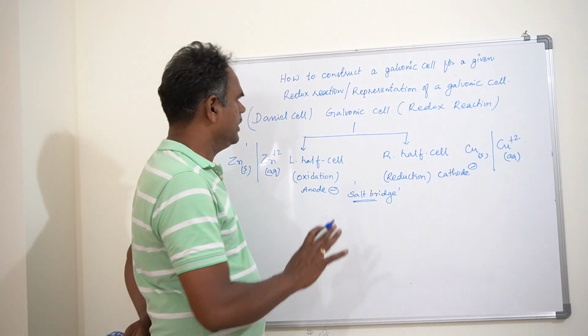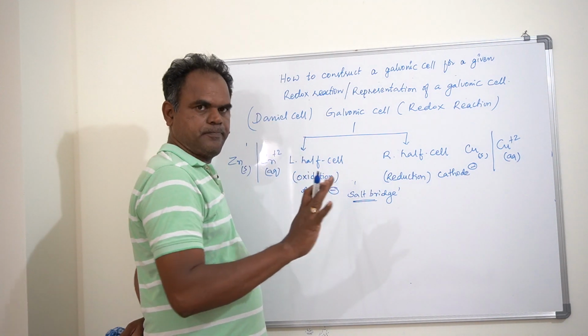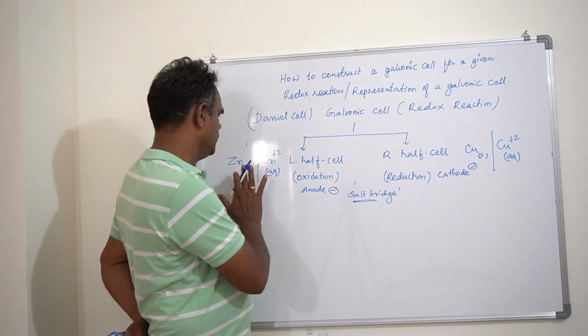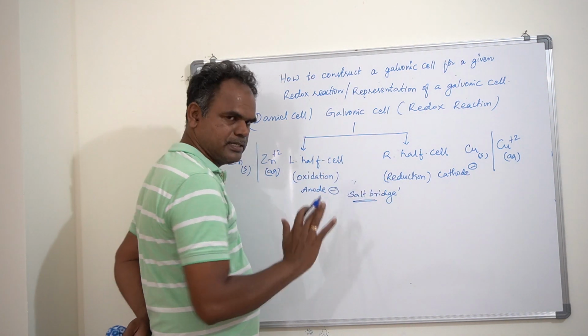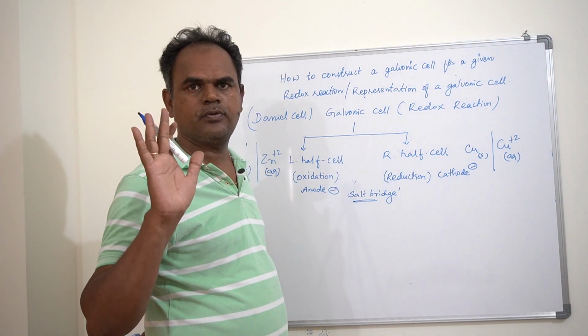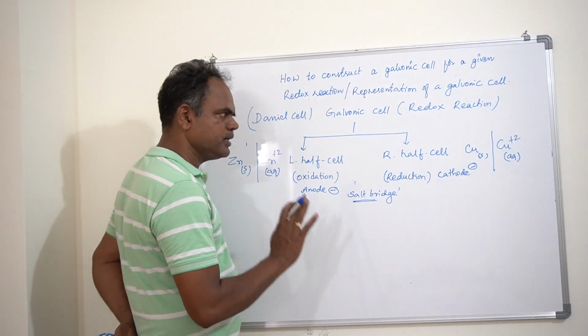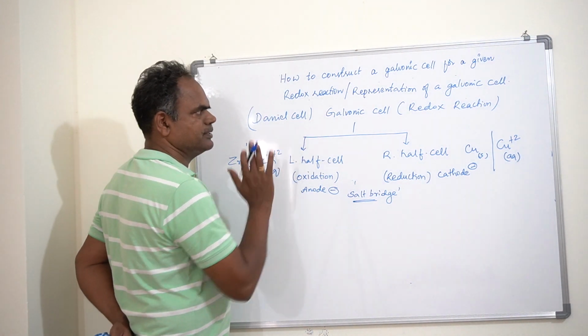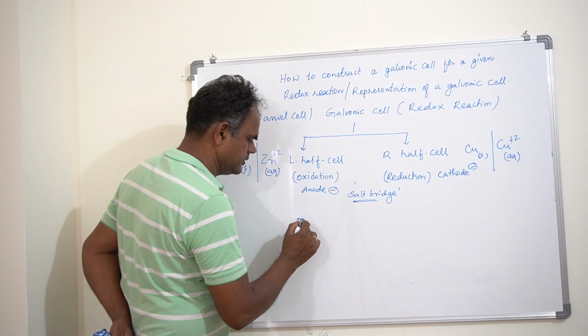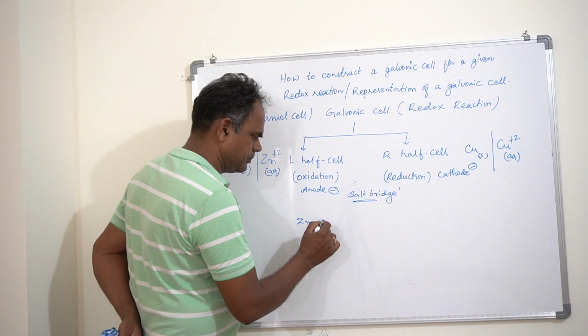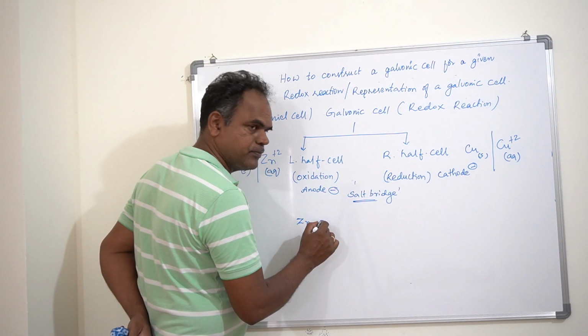Already you know, in this Daniell cell, what redox reaction takes place when we join these two half cells through a wire and voltmeter. The redox reaction is this: zinc metal, solid, placed in zinc sulfate solution.